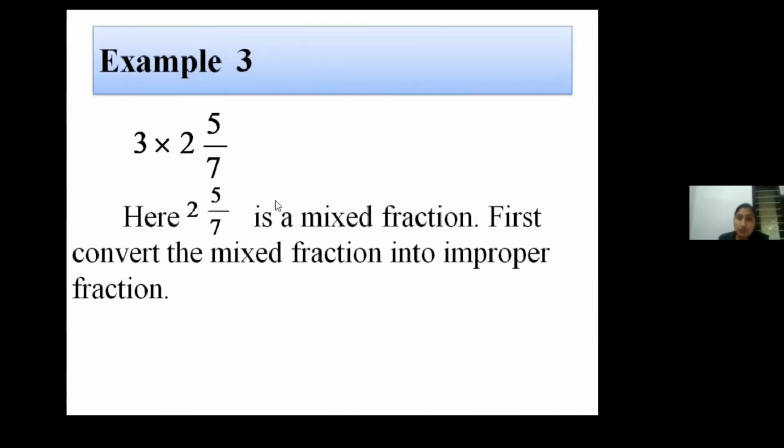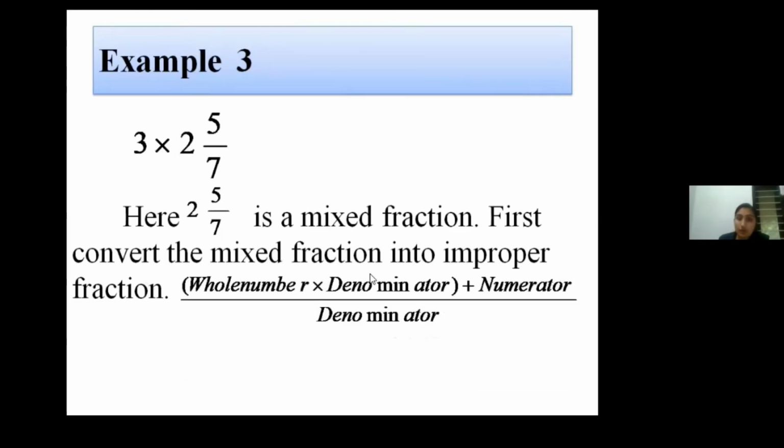So first we convert the mixed fraction into an improper fraction. We have one formula: whole number into denominator plus numerator, by denominator. First we multiply the whole number with the denominator. That product we add with the numerator, and rewrite the denominator. Here the whole number is 2, the numerator is 5 and the denominator is 7.